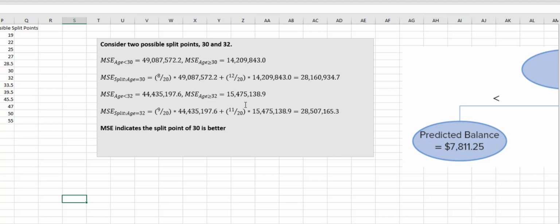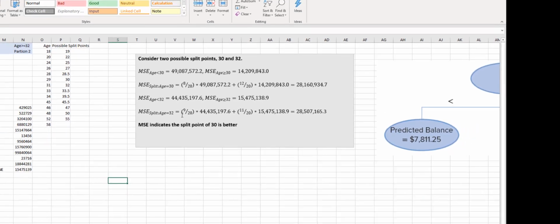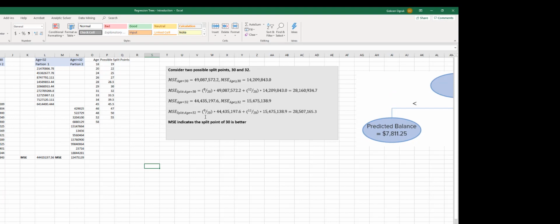Similarly, a split at age equal to 32 creates 2 partitions as well. Customers whose age is less than 32 and customers whose ages are equal or greater than 32. The overall MSE for the split is calculated as a weighted combination of the mean square errors using the percentage of cases in each partition as the weight.